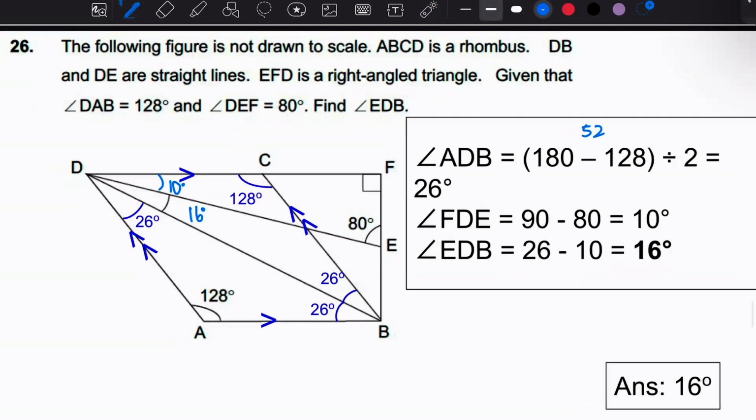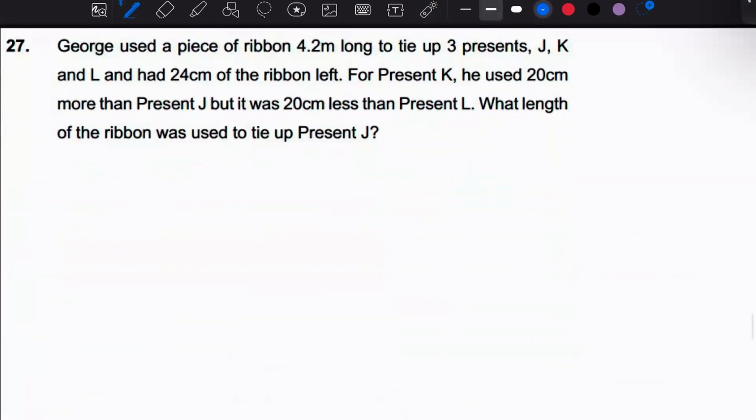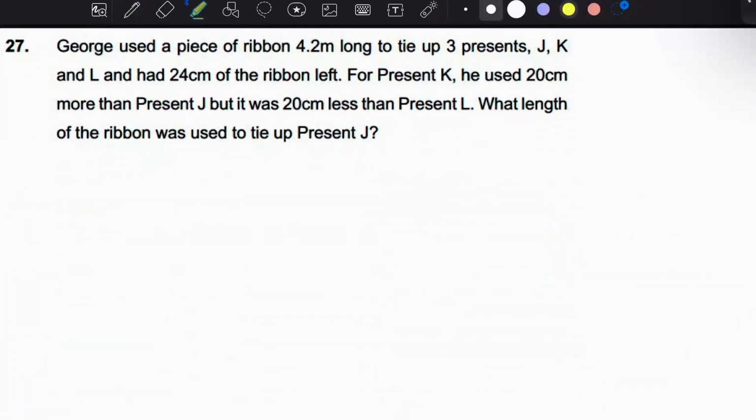Next question, question 27. George used a piece of ribbon 4.2 meters long to tie up 3 presents, J, K, and L, and he had 24 cm of the ribbon left.